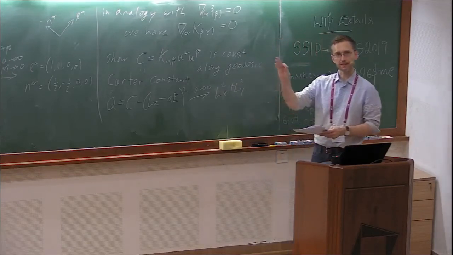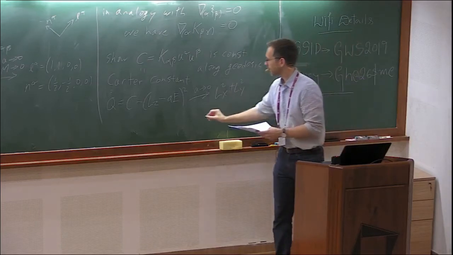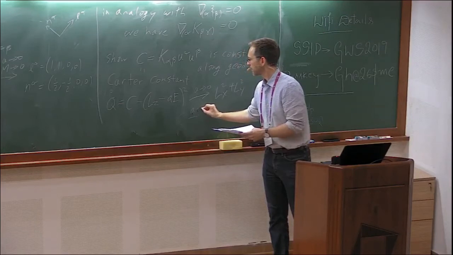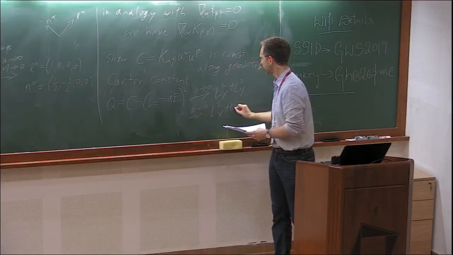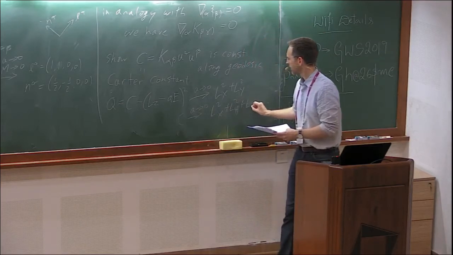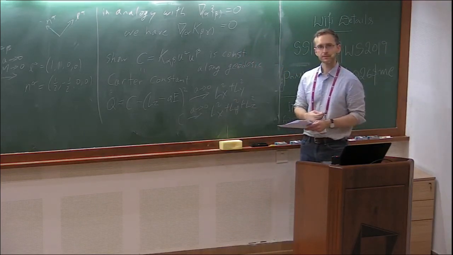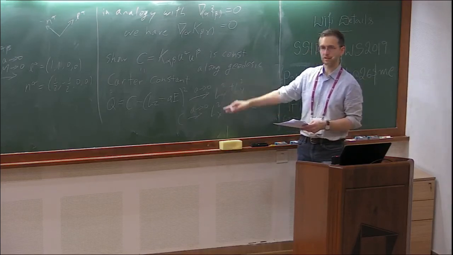So that tells you exactly about the inclination away from the orbital plane. C in that limit is just the total angular momentum squared. So this can give you some idea of what it means physically.